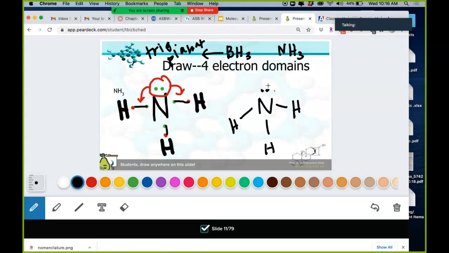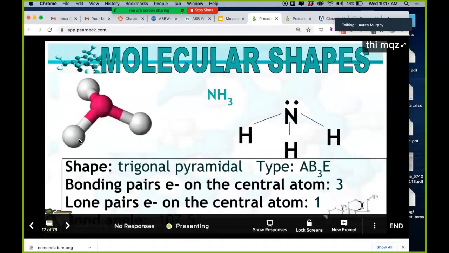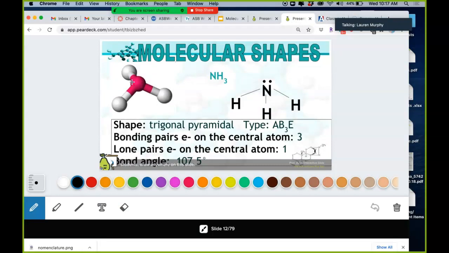They don't sit flat because the electrons, the lone pair, push them down. Very, very good. This lone pair causes the hydrogens to bend down. So we call this trigonal pyramidal, where it looks like a pyramid because the lone pair on top up here causes the bonds to bend, in essence, push down.